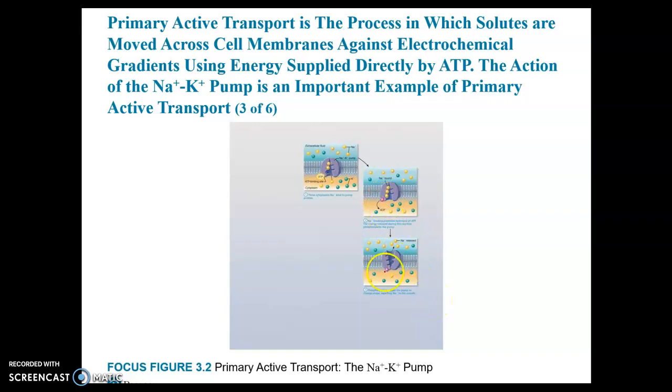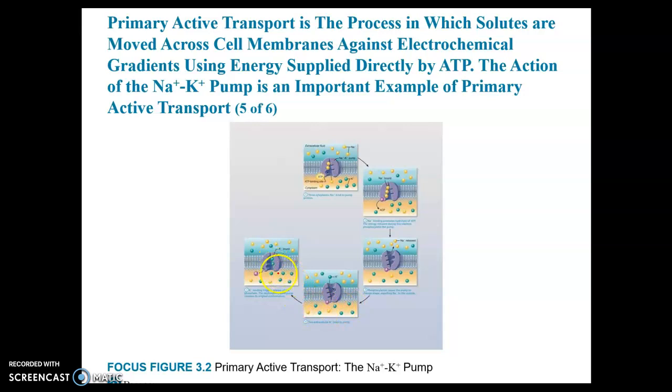Then the shape of the pump changes and it releases sodium outside into the extracellular fluid. And now potassium from the extracellular fluid is going to bind to the pump, even though the concentration of potassium is already high inside the cell. That's why it's called a pump.